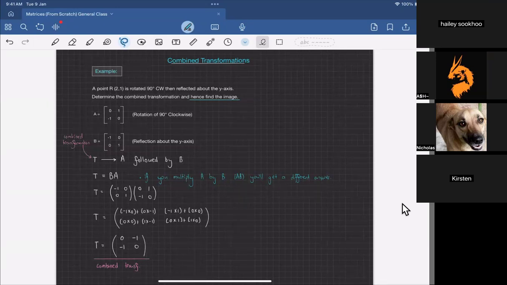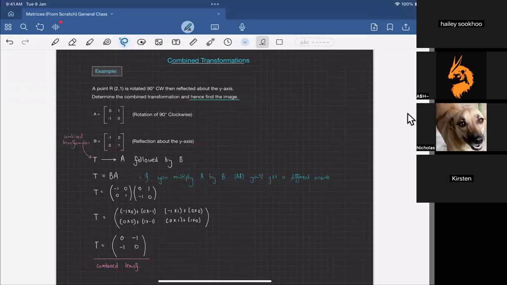So just see if this is correct. Sasha, if I wanted to see if this combined transformation is correct, do you know how I could prove that? Any of you, how would I know if that combined transformation is correct?